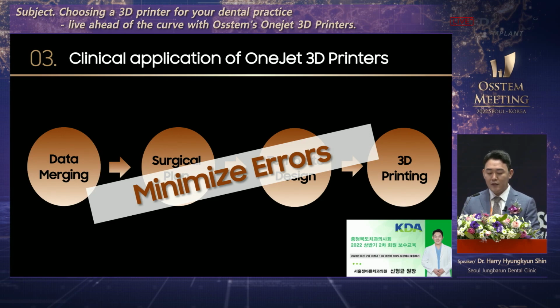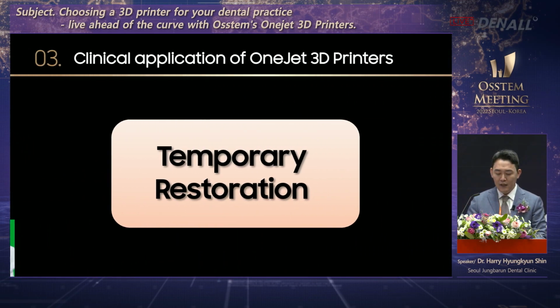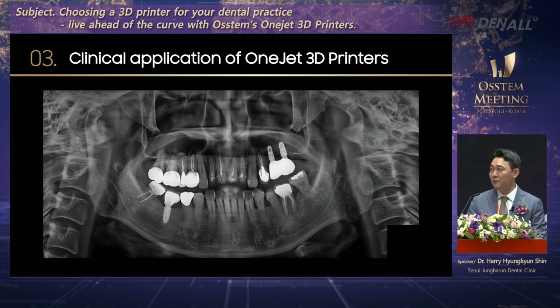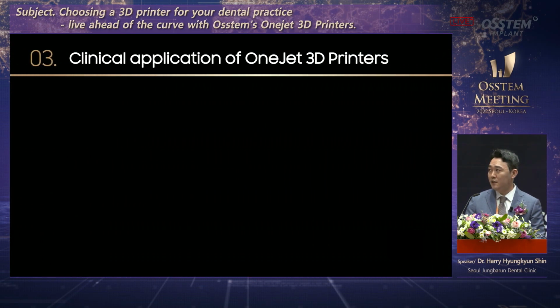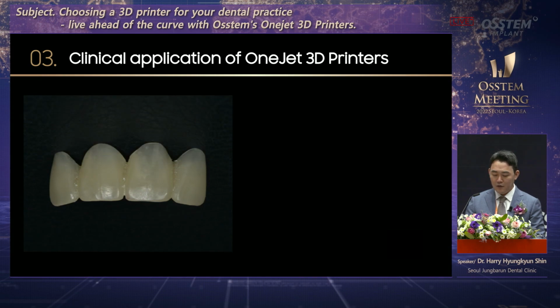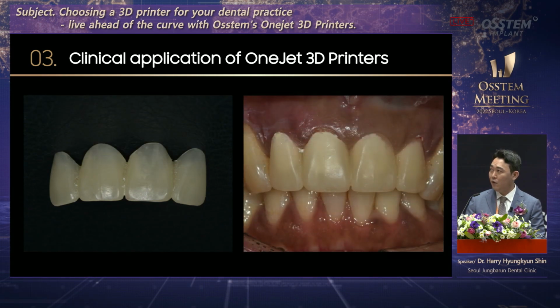The OIC program is available that talks about this. Temporary restoration is possible, especially for the anterior teeth. It takes a lot of time to make a long bridge, but the time can be reduced. Here is a woman in her 40s, an anterior teeth case. During endo treatment, the final prosthesis is designed, so it's delivered.